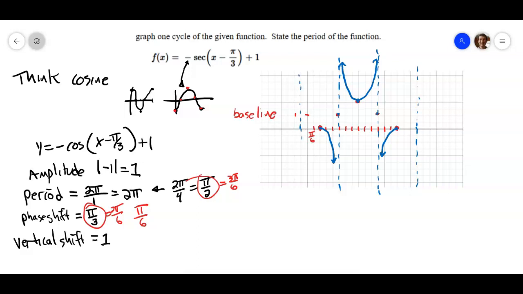You can continue this pattern so that you could then finish this little section if you wanted. But given the instructions to graph one cycle, I'm going to leave the graphs like this. That's one cycle.